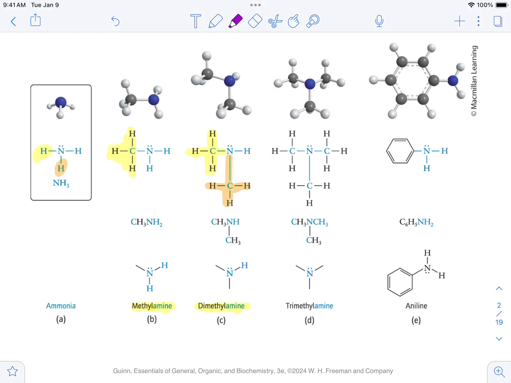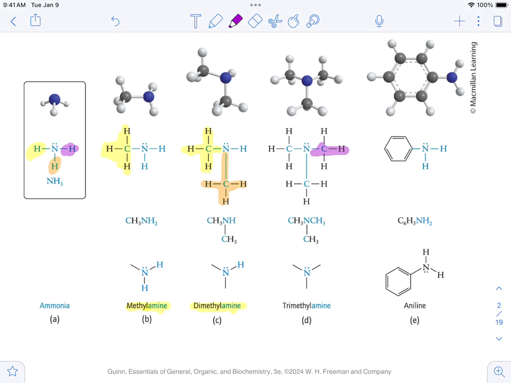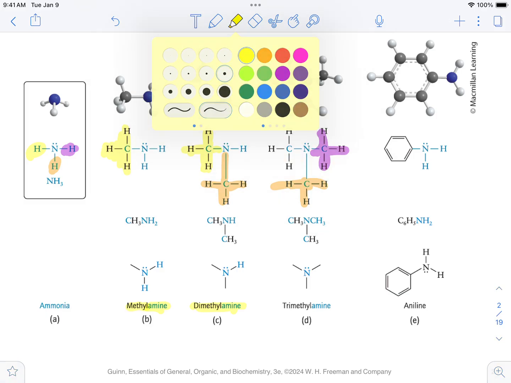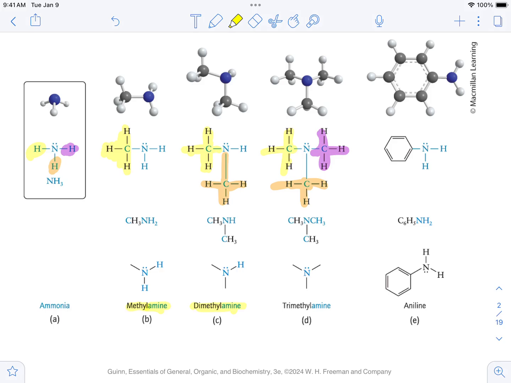And if we are going to replace all three H atoms, which I will now highlight in purple, we have three methyl groups, and we call that trimethylamine.